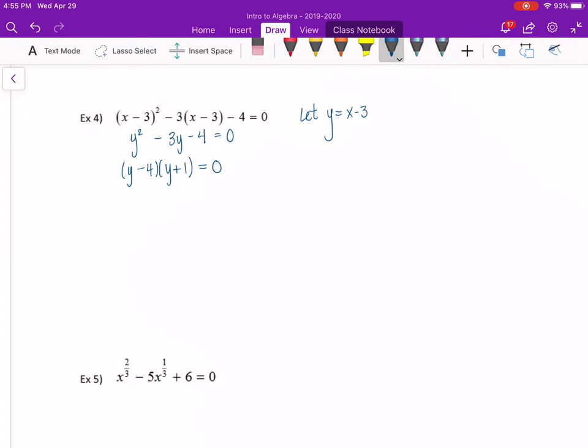Or at this point, you could go ahead and resubstitute and say x minus 3 minus 4 and x minus 3, right? Just replacing that y. And then simplify now. Either way, you will get 7 and 2.